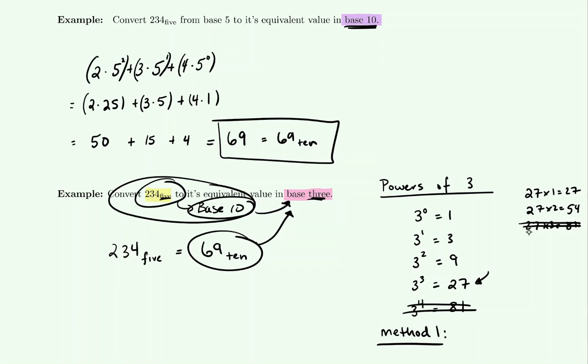So it would go exactly 2 times. So we'd have 2 times 27, which is expressed as 3 cubed. And then we get to 54. Now we were at 69 and we got to 54. Let's see how much is remaining to account for by subtracting. So the 2 times 3 cubed accounts for 54 of the 69 items, but there's still 15 remaining here.